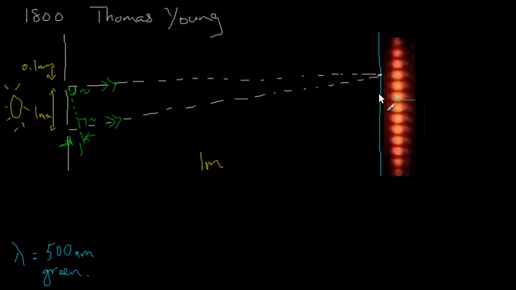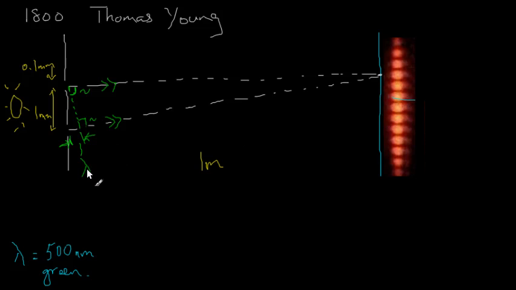But as I move away from the center, this path gets longer, and when the path difference increases from 0 until it's 1 wavelength, I will get the first fringe. When I get the first fringe, it is because the path difference has increased from 0 to 1 wavelength. In between, we know that at half a wavelength, we'll get destructive interference.